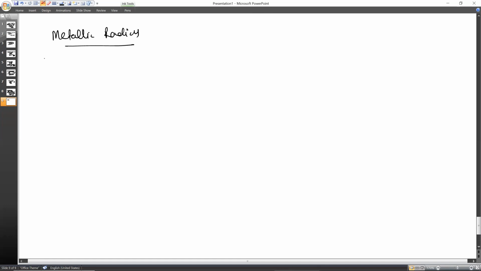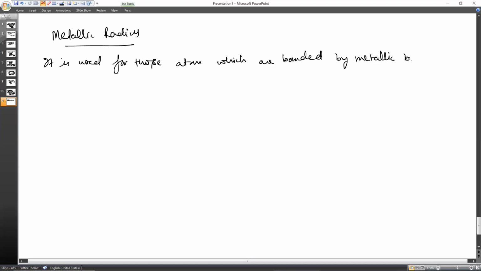So we can say that it is used for those atoms which are bonded by metallic bond. So it is used for metal atoms only. Got it?